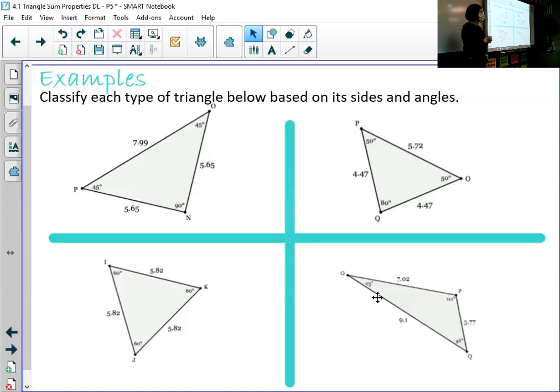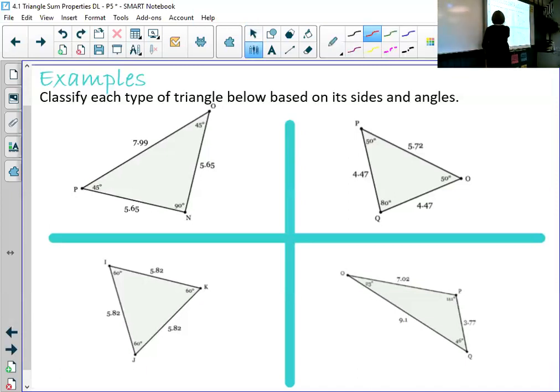I'd love to hear your voice over the intercom or the speaker. Emma said she noticed that 2 of them are the same. They're both 5.65. So if they're both the same, what's the name of that if you have 2 that are the same? Thank you. So that would be isosceles.